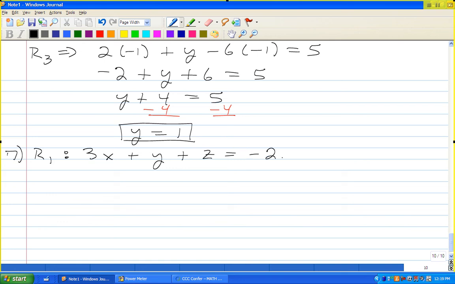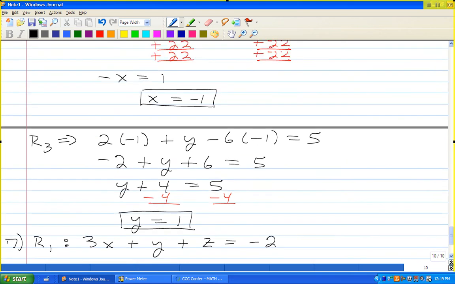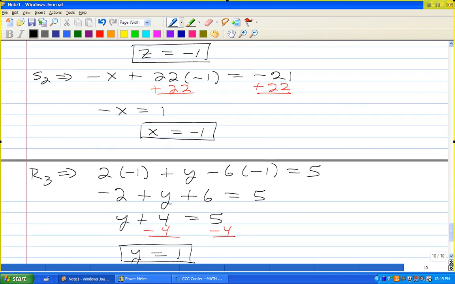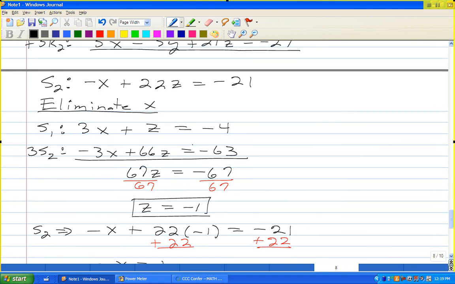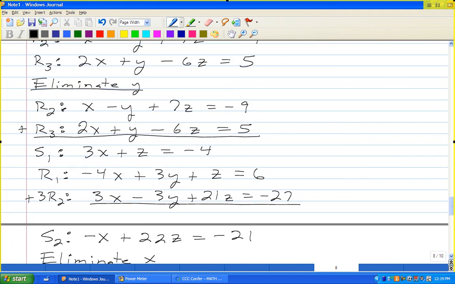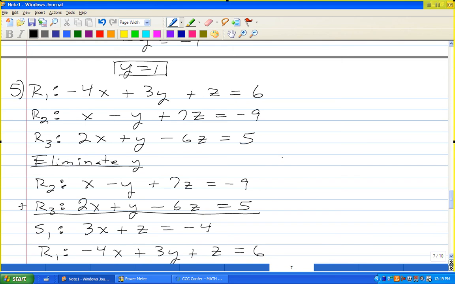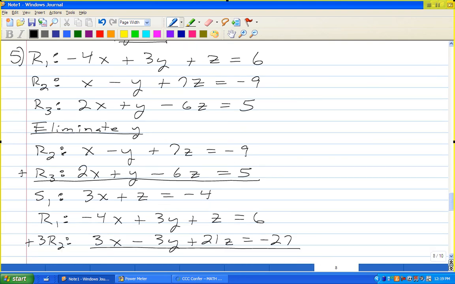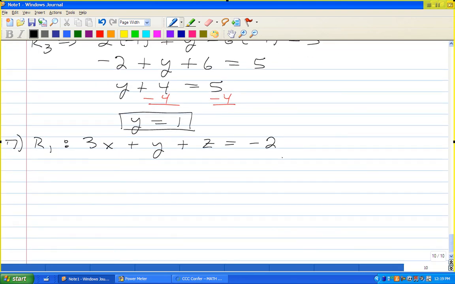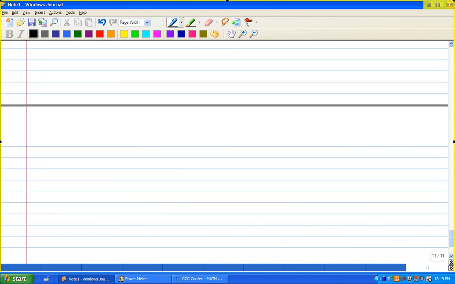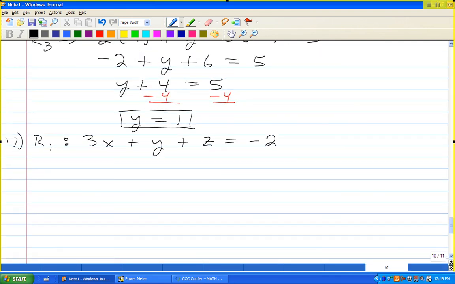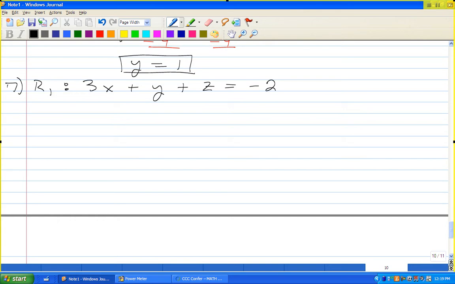Oh, and I should say, especially on an exam, what you should do is at the end, plug these three numbers into each equation and see if it works. That will give you an idea if it's correct. It's not a 100% guarantee, however, because if there's an infinite number of solutions, you may have just found one solution. But at least it gives you a hint that maybe you are doing it correctly.